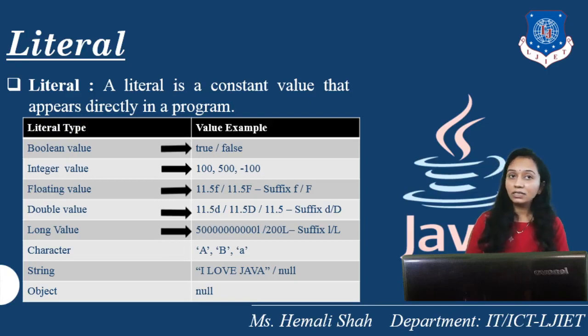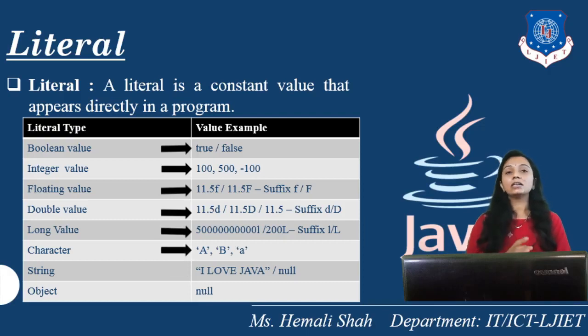Now for the long kind of literal, you have to use either small l or capital L. The suffix small l or capital L you have to append to your value. Otherwise, it always makes an integer kind of literal, right? Now characters you have to specify by using single quotes.